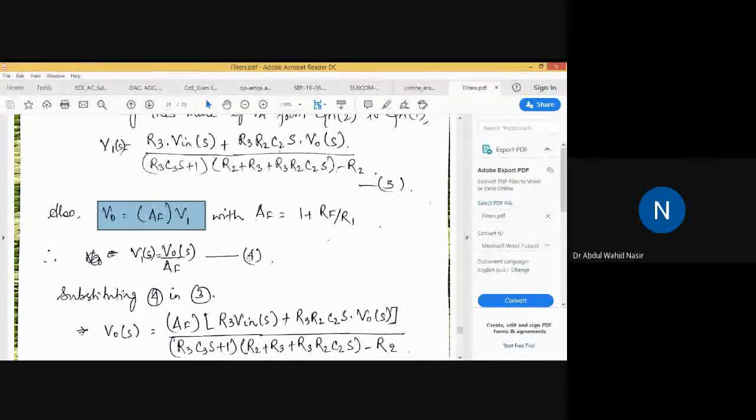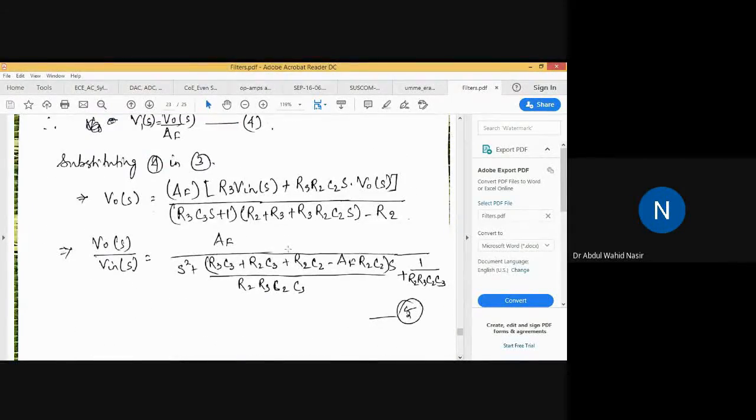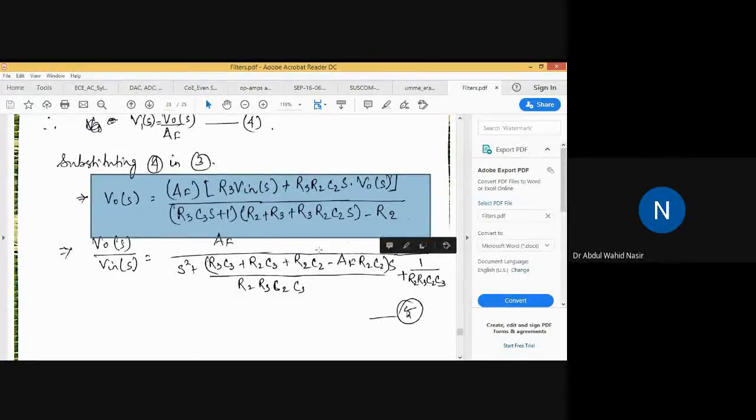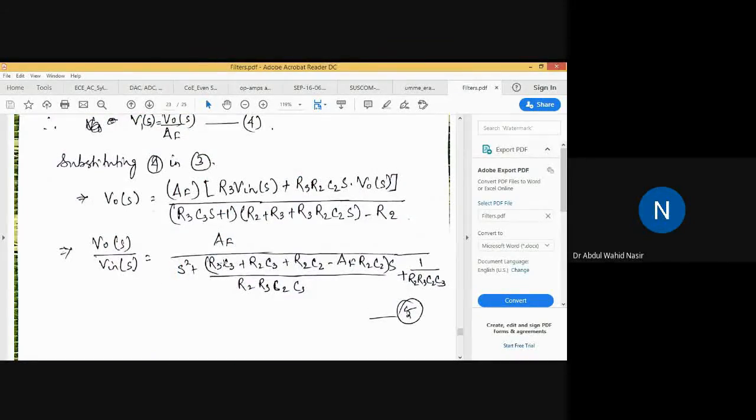Now substitute this equation 4 in 3, then you will end up having the equation as shown here. If you further simplify by considering AF in the numerator and all the other terms in the denominator, V naught by V in you will get as AF by S square into R3C3 plus R2C3 plus R2C2 minus AF R2C2 into S divided by R2 R3 C2 C3 plus 1 by R2 R3 C2 C3.